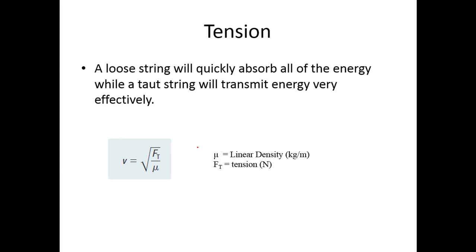And so we know that a loose string is going to absorb the energy, whereas a taut string, something that's very tight, is going to transmit that energy very effectively. And we know that if we take the square root of the tension in newtons of the string and divide it by the linear density, we can get our speed.